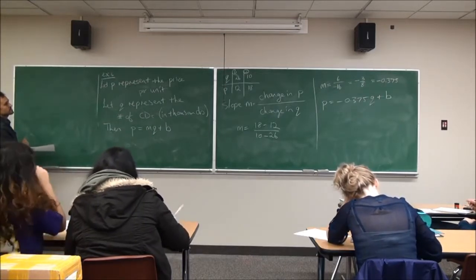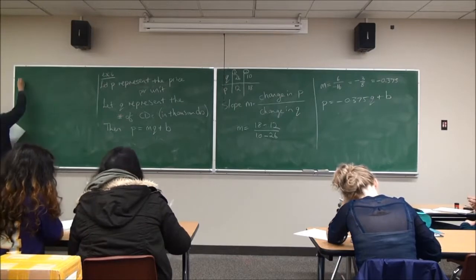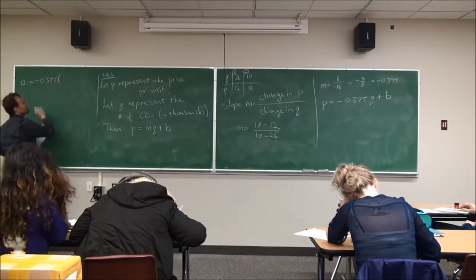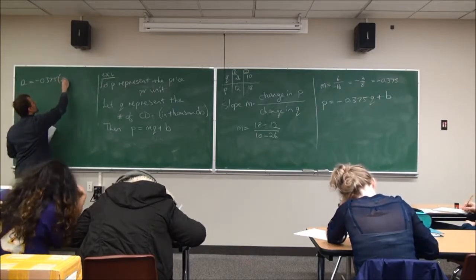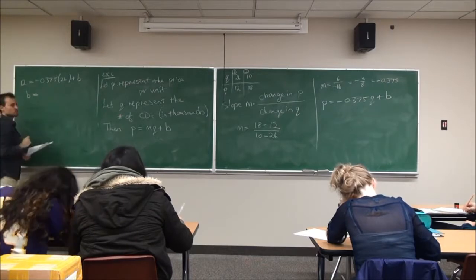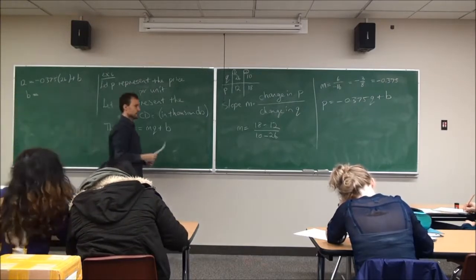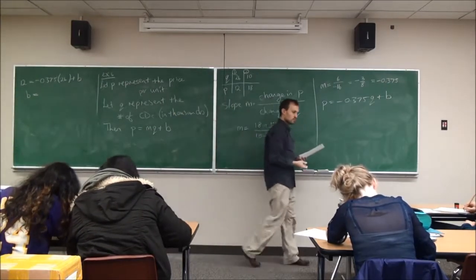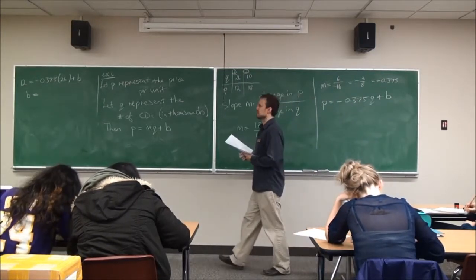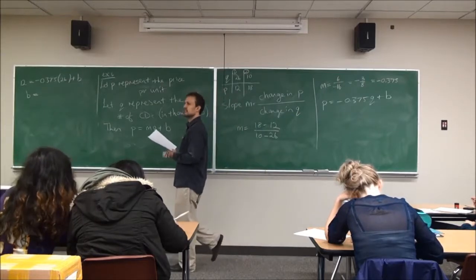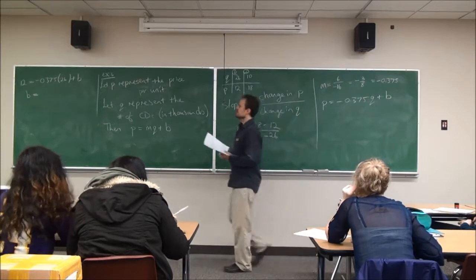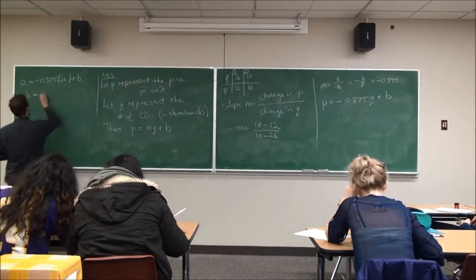Plug it into the equation to get the value of B. So 12 is equal to negative 0.375 times 26 plus B. B is equal to 21.75.